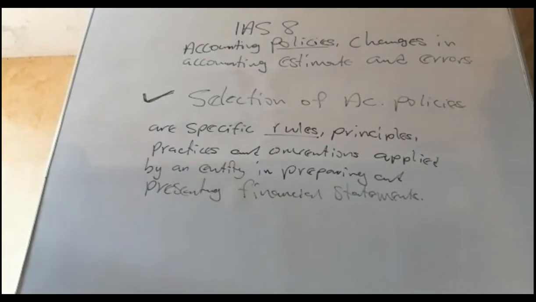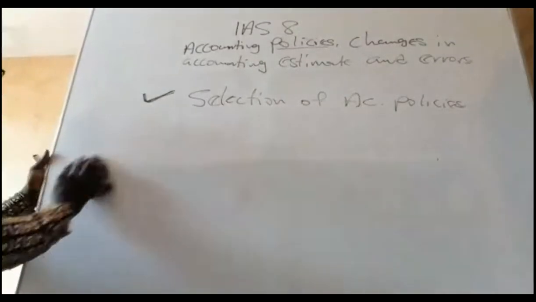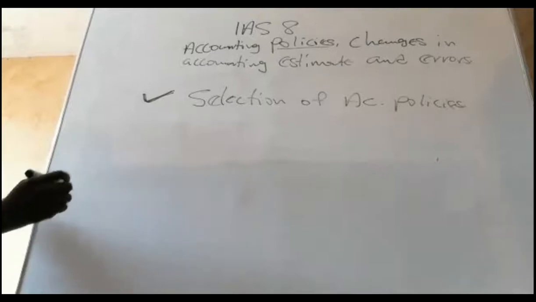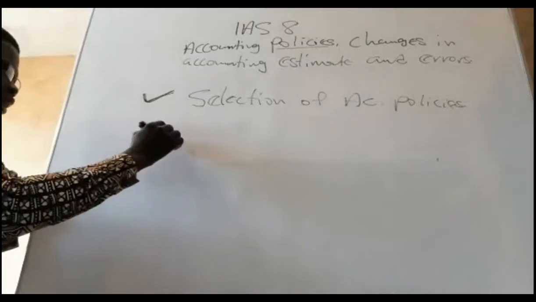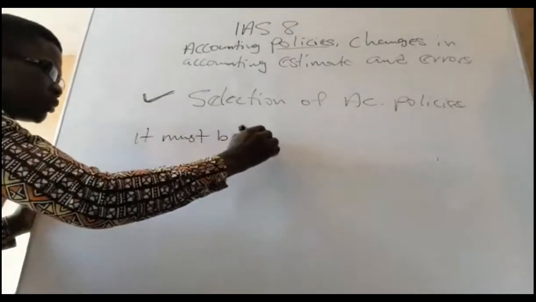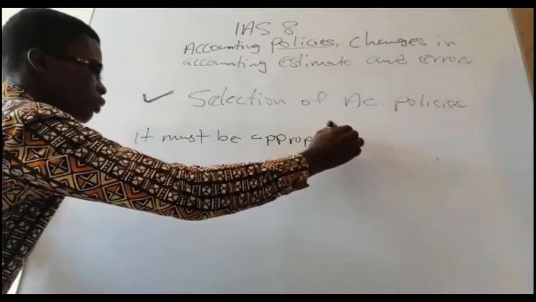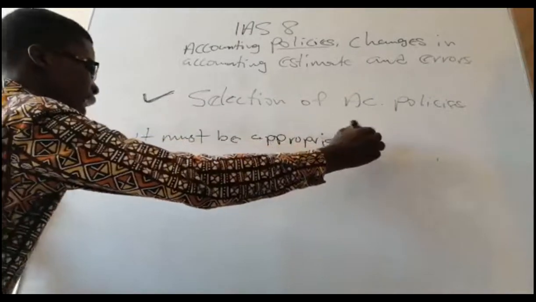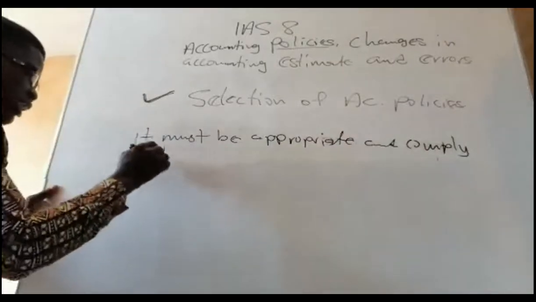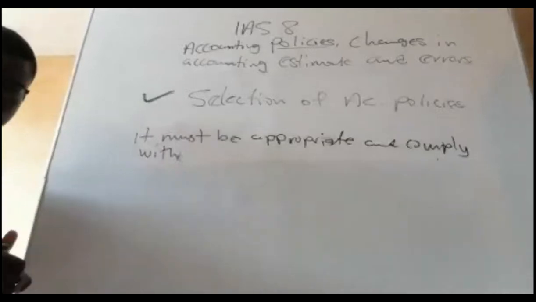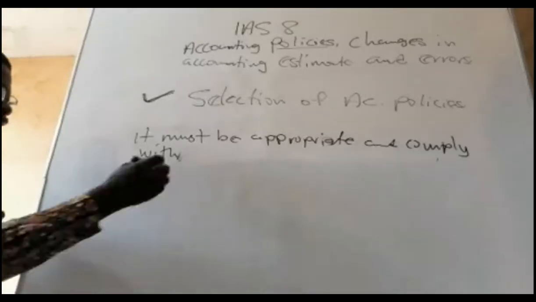So not any accounting policy, but it must be appropriate and comply. Wow, I like it. So the basis for selecting accounting policies is that it must be appropriate, and comply with the IFRSs.